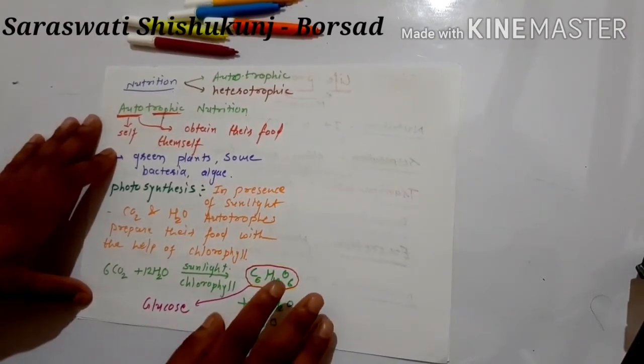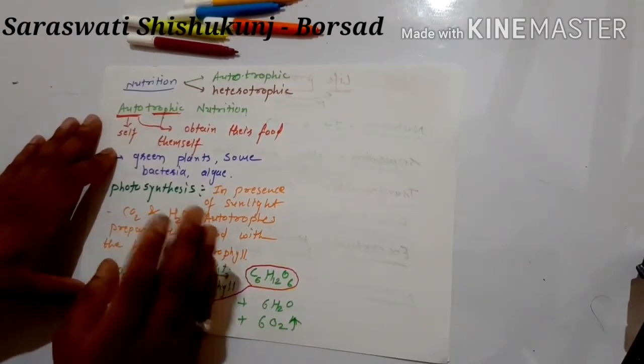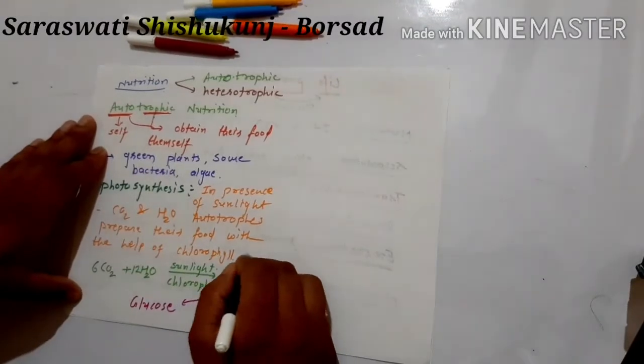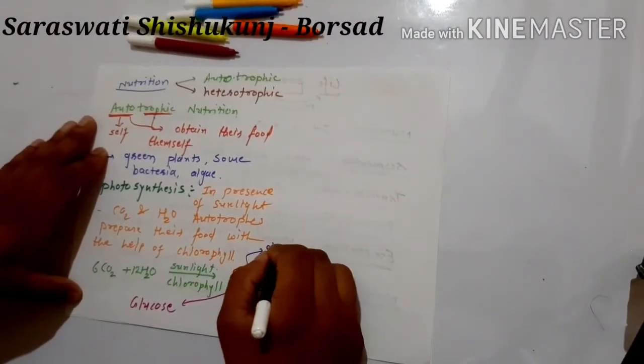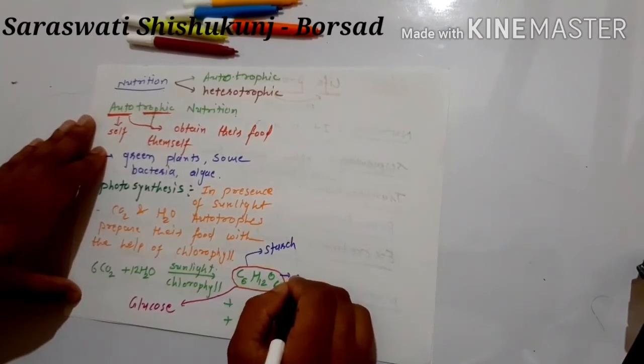The remaining carbohydrate will be in the form of starch or glycogen. This glucose, if it is unreacted or undigested, can be in the form of starch or glycogen.